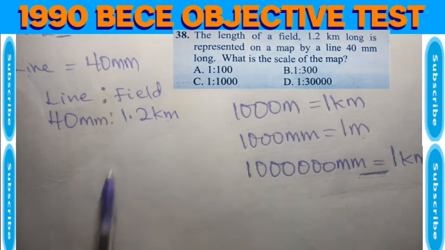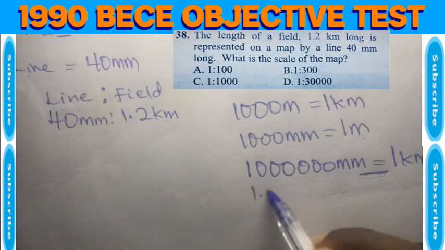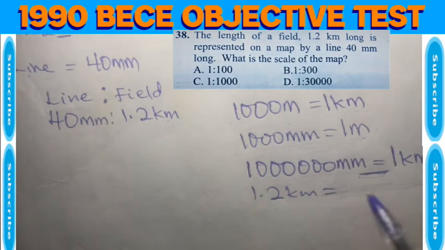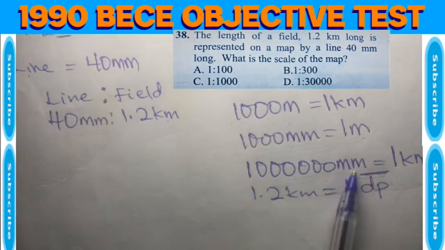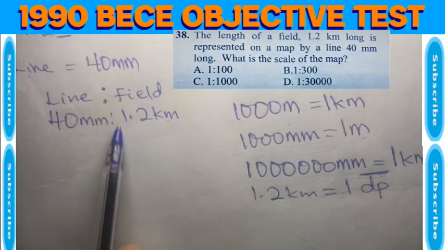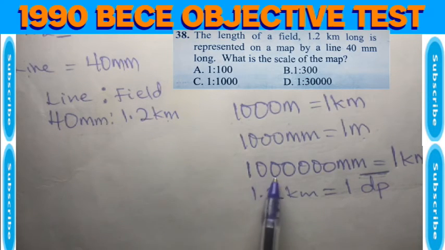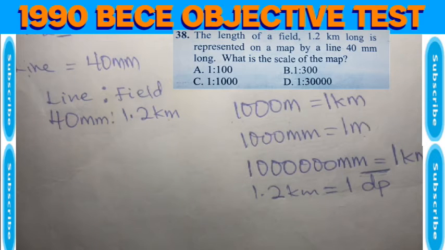With 1.2 kilometers, we have 1 decimal place, so after multiplying, we will need to apply 1 decimal place to the final answer. We multiply as if there were no decimal points, as we did in the previous multiplication. Take note of that. So with 1.2, we write it as 12 multiplied by 1 million.